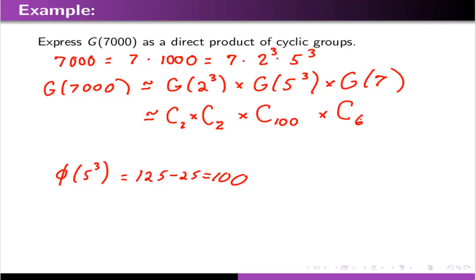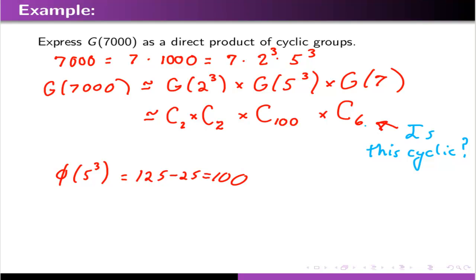Is this direct product a cyclic group? So how do we address that question? You've got a group of order 2, a group of order 2, a group of order 100, and a group of order 6. Well, I claim that this is not going to be a cyclic group.